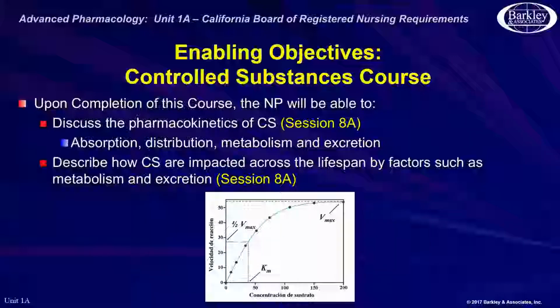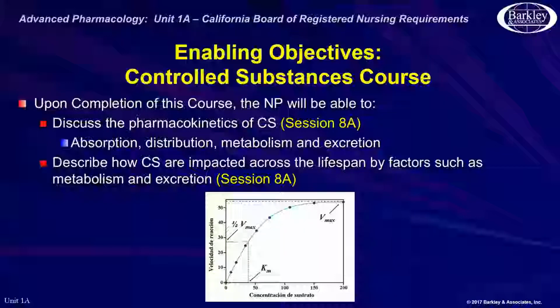Additional enabling objectives will allow the nurse practitioner upon completion of this course to discuss pharmacokinetics of controlled substances in Session 8A, Introduction to Prescribing Controlled Substances. Pharmacokinetics deal with 4 key parameters: absorption, distribution, metabolism, and excretion of drugs.